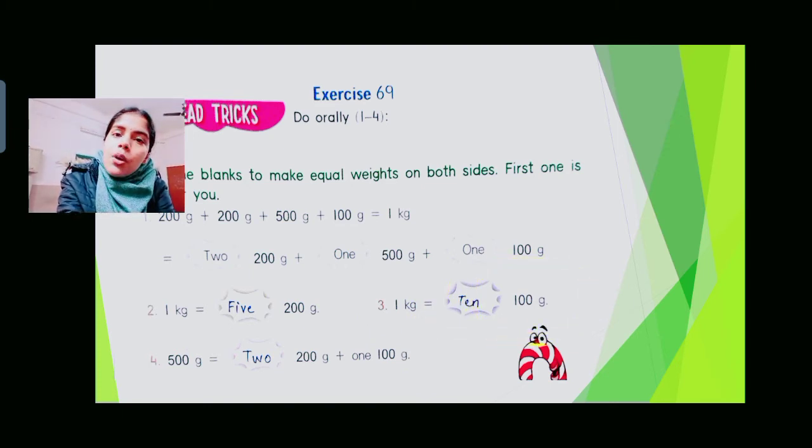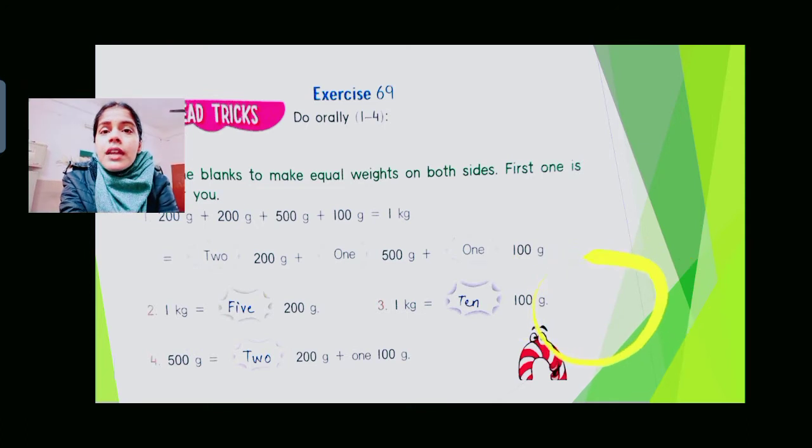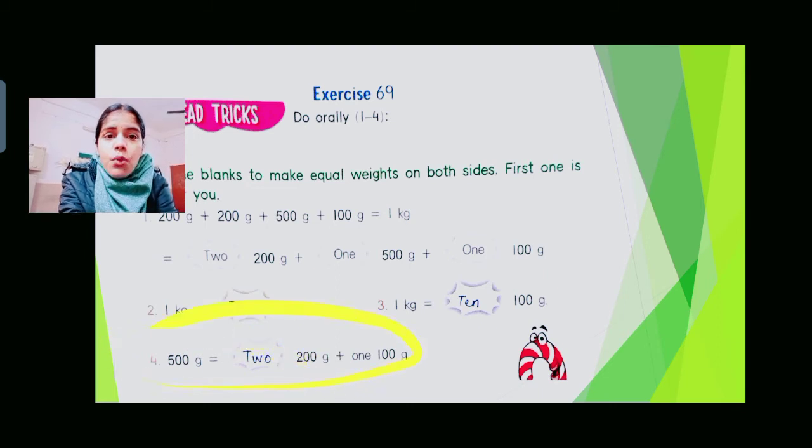Now 100 gram quantity you will require 10 times, because 10 hundreds will be 1000 gram, and 1000 gram will definitely convert into 1 kg. Alright class, this 100 gram we will need how many times? 10 times. This 200 gram we will need how many times? 5 times.